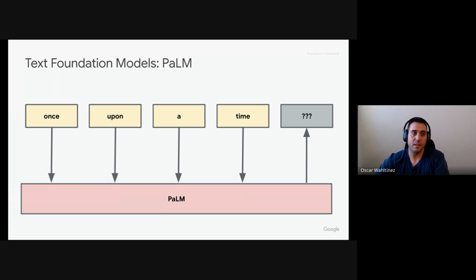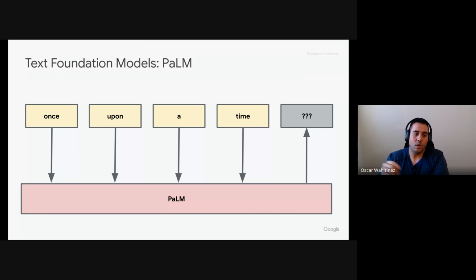This is during the training time, but the same happens during inference time. Once you've trained this model and you have some kind of context, in this case it could be your prompt, you ask it to predict the next word. Once it has produced that next word, you flip it around and that becomes your input.